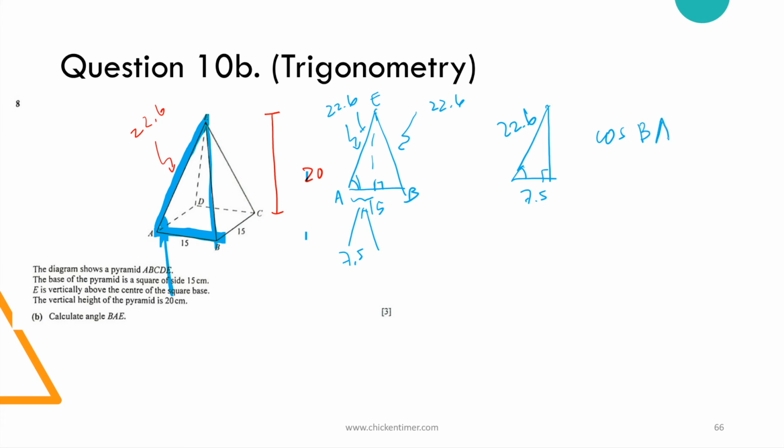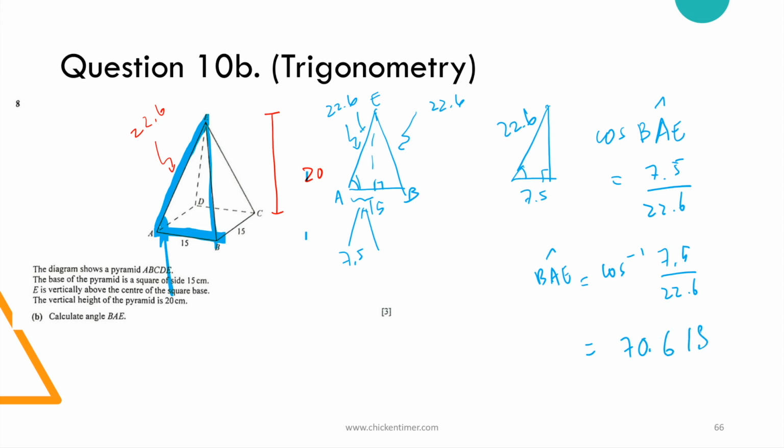So cosine BAE is equal to 7.5 over 22.6. And that is 70.618, so 70.6 degrees.